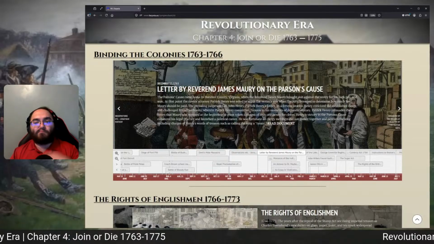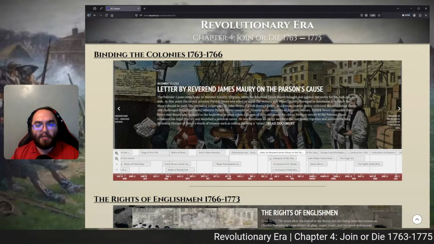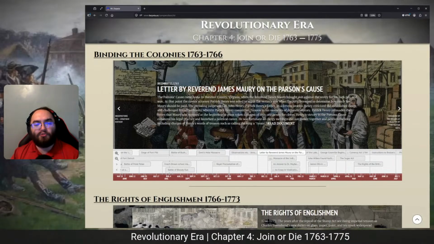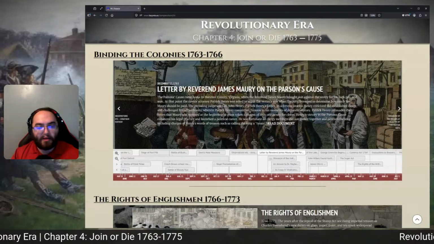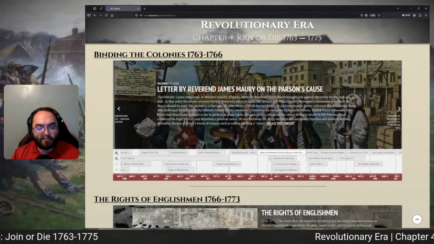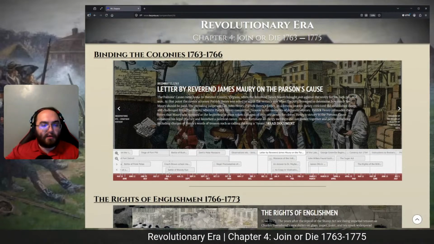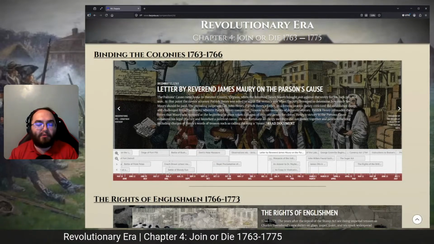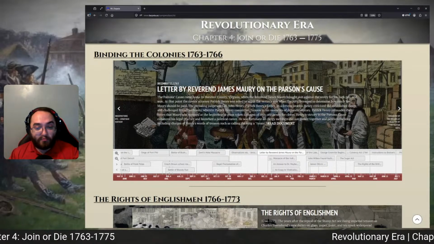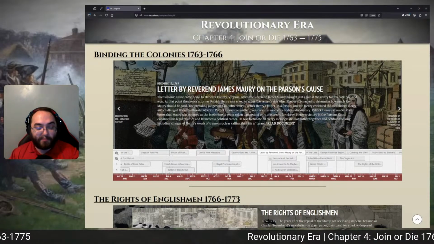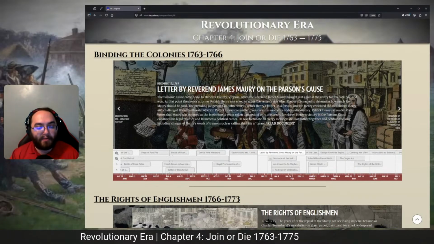And so what's going on is James Murray, an Anglican reverend, will sue to get paid more than the Two Penny Act was giving, because he wanted to get paid in the tobacco and then sell it at the high market value of the tobacco. And so the court ruled in favor of the Reverend James Murray, but then a separate jury needed to determine how much of that back pay was owed.